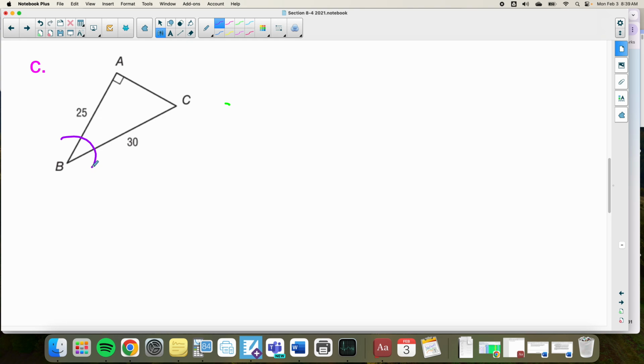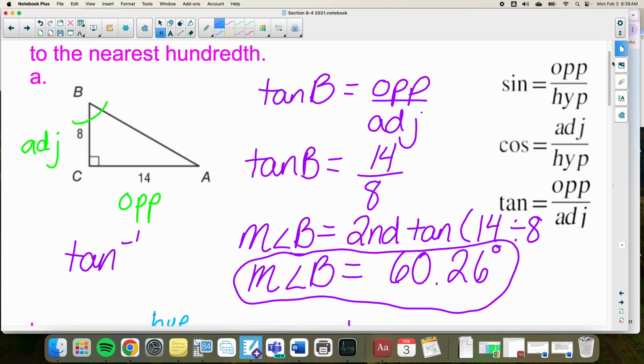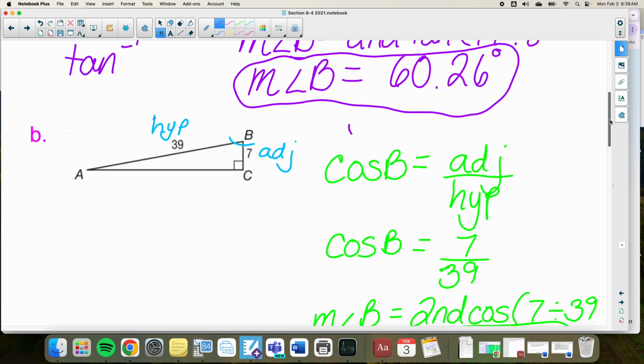What side is the 30? Hypotenuse, and the 25 is adjacent. So then what we're going to do is think about what trig function does that entail, and that's cosine, okay?